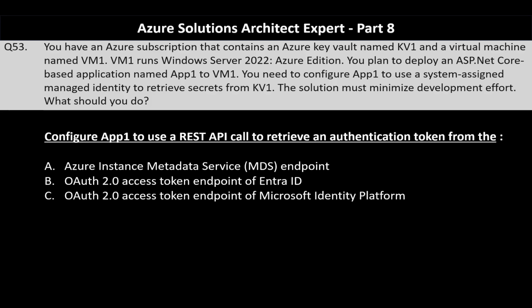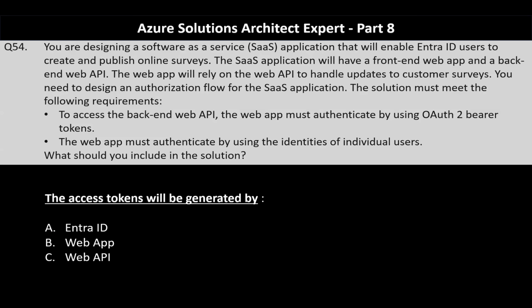And friends, the correct answer here is option A, the Azure Instance Metadata Service endpoint. Now, using the IMDS endpoint is the standard way for Azure resources to obtain tokens for their managed identities, simplifying authentication without managing credentials.